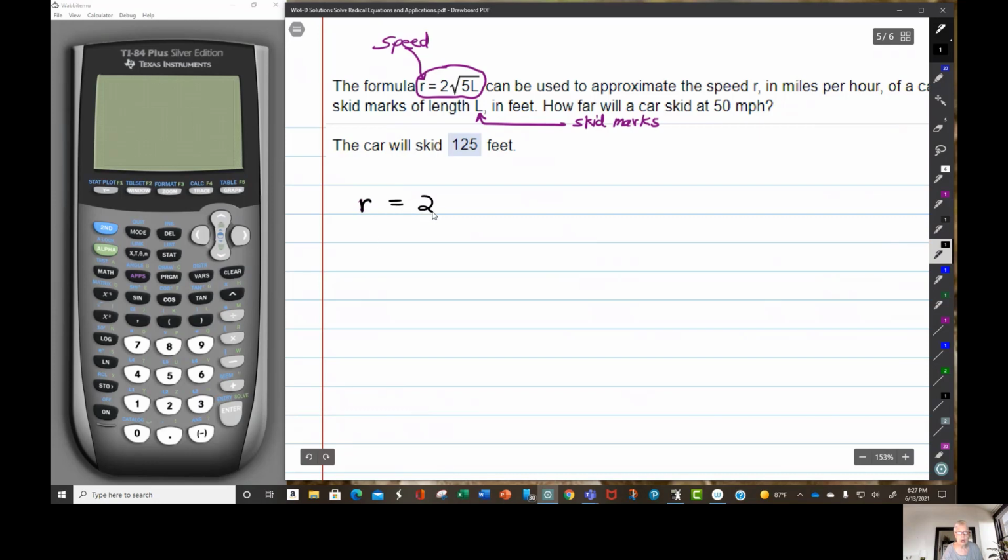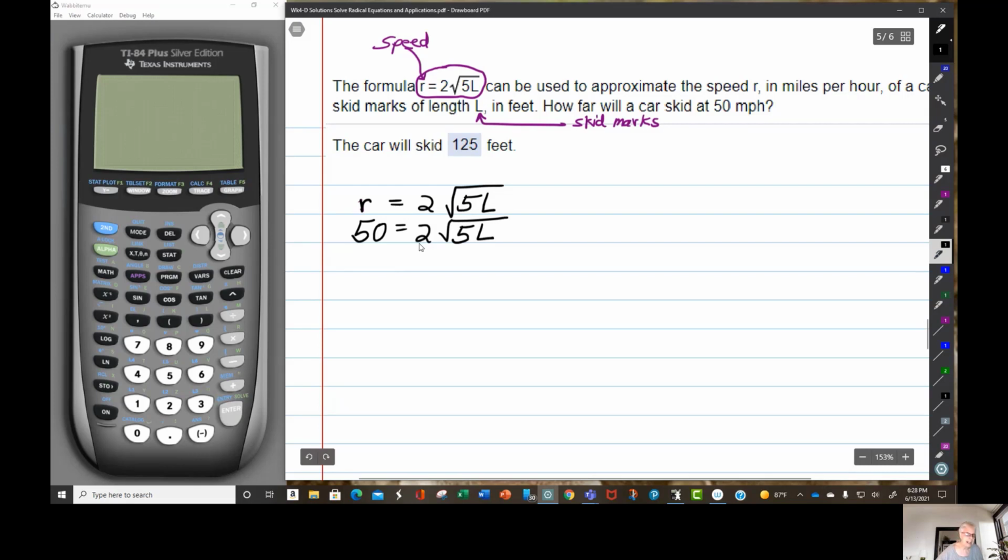r equals 2 times the square root of 5L. So 50 miles per hour equals 2 times the square root of 5L. Now, something we're going to be doing a lot of is this number 2. This number 2 right there is not under the radical.